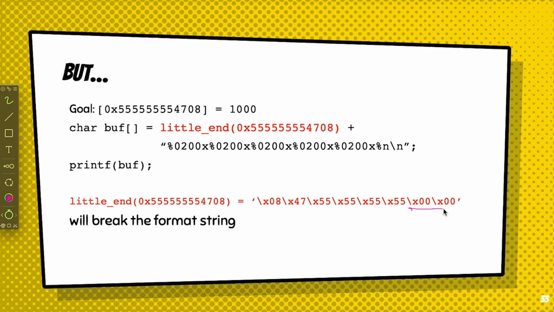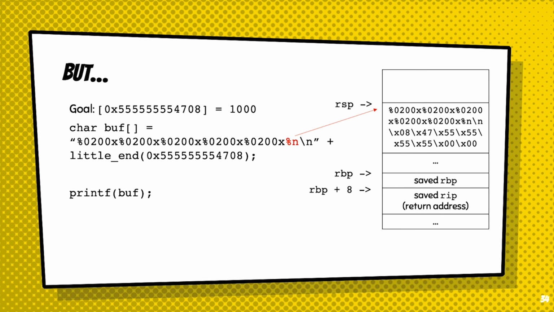Again, because of the 00 bytes, it's going to break the format string. So, similar to what we did for arbitrary read, we are going to put this specific address at the end of the format string. Then we need to recalculate the part on the stack so that we can get the number of the positional argument correct.